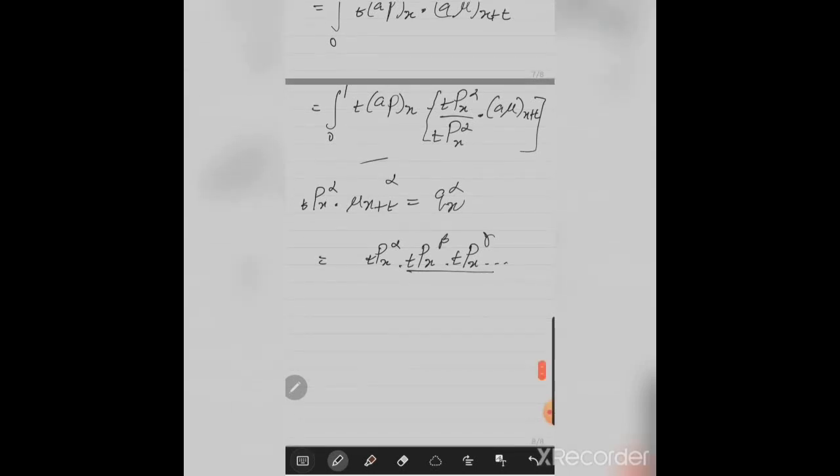So the final integration will become 0 to 1 tPx. So tPx beta, I'll take it as 1 minus tQx beta times 1 minus tQx gamma, and this part of tPx alpha mu x plus t will become qx alpha.